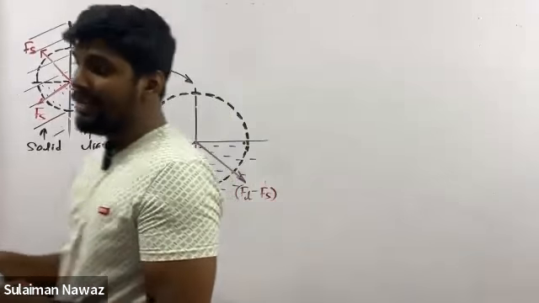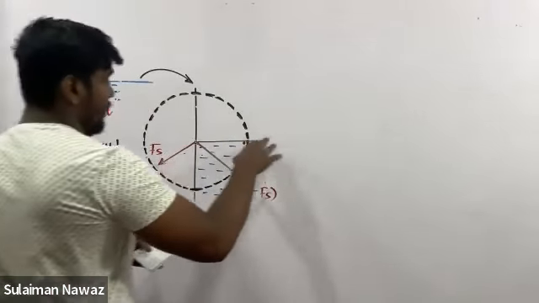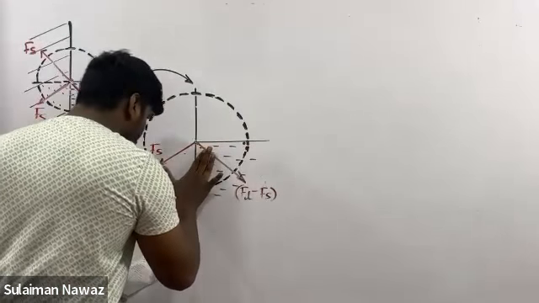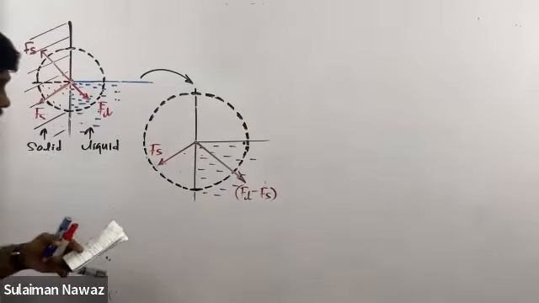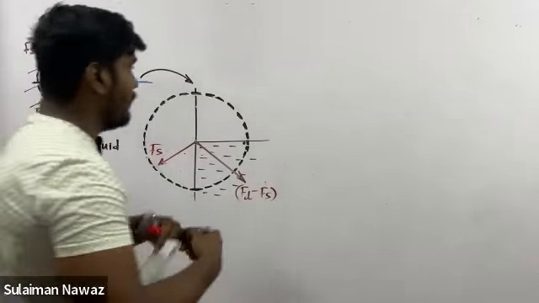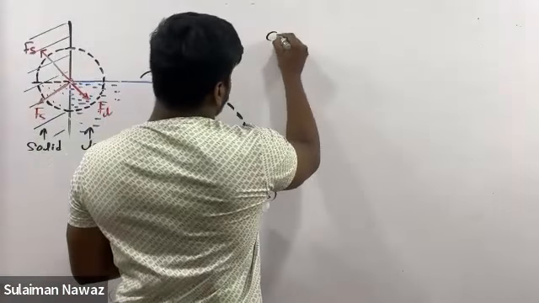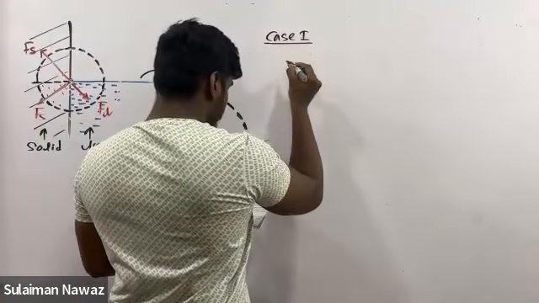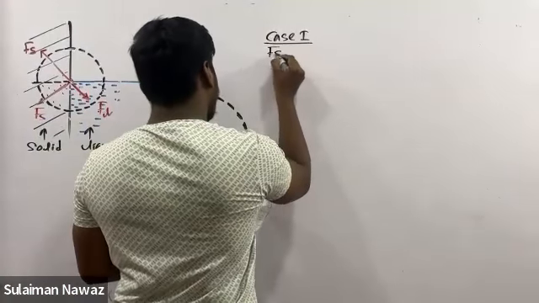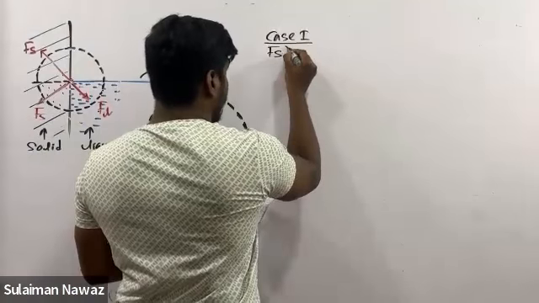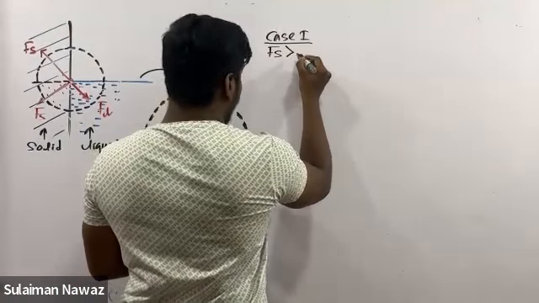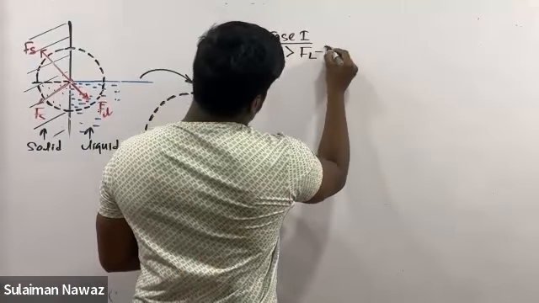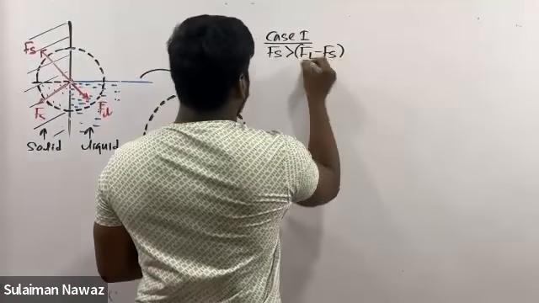Right. Now I'm going to decide what would be the shape of this liquid surface, the liquid meniscus. Case number one: Fs is larger than Fl minus Fs.